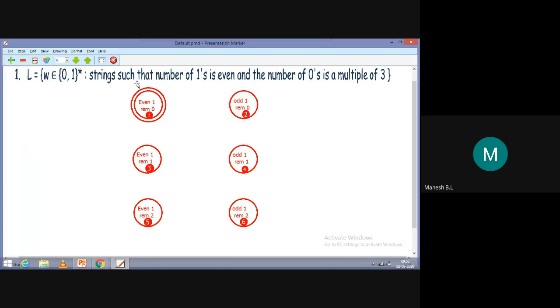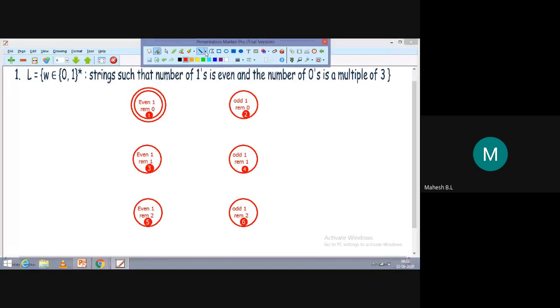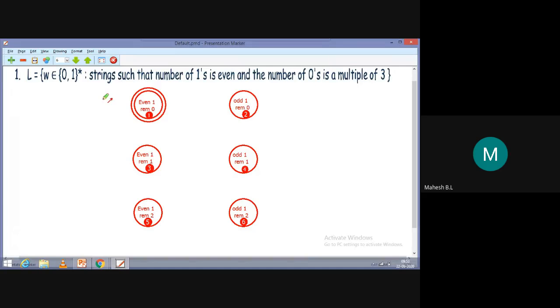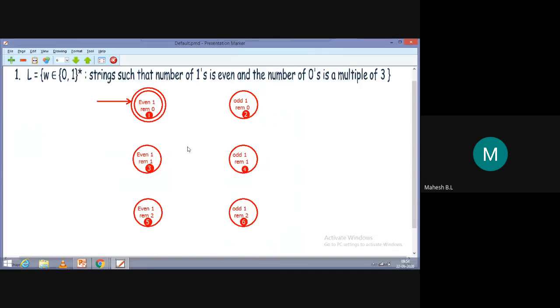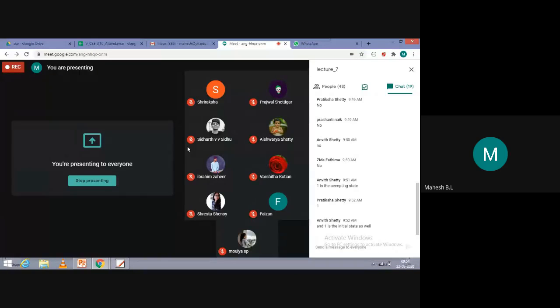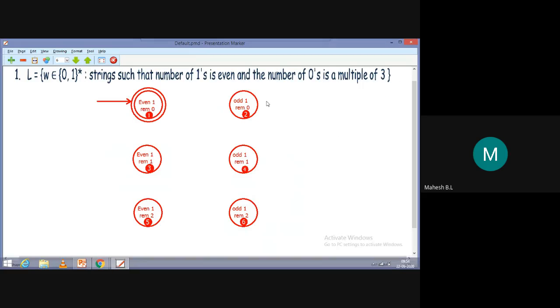So this is the initial state as well as the accepting state. Initial state is marked by an incoming arrow. Now you need to add different transitions into this DFSM.